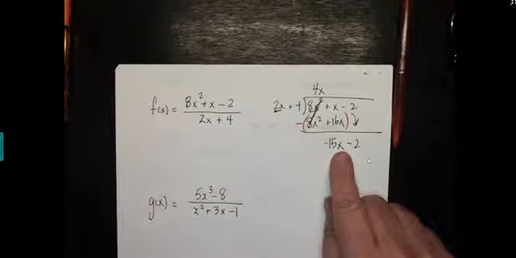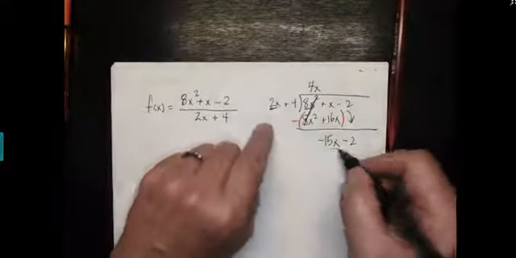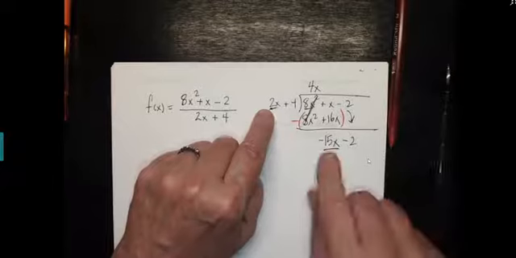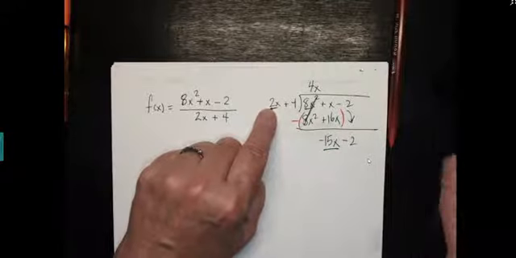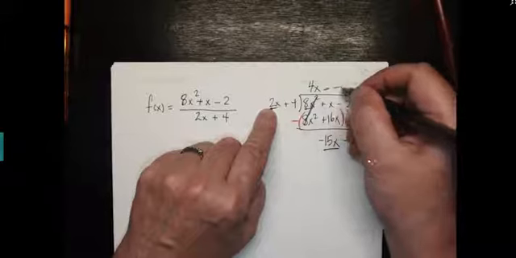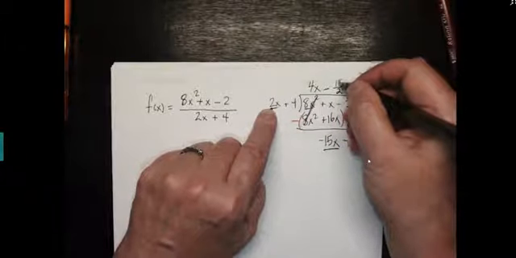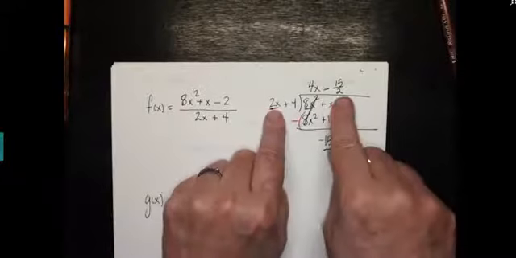I am not done until I get down to a degree that's smaller. What do I have to multiply 2x by to get -15x? Well, I'll need a negative sign, and I want to get rid of the 2. So 15 halves. That should do it.